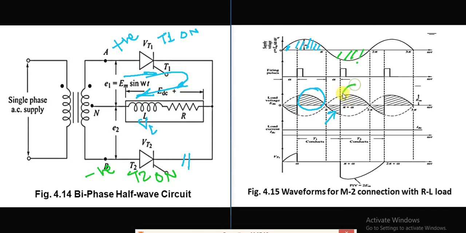So we are getting this output voltage across the load because of this negative half cycle. The direction of current flow is from T2, the same. During the positive half cycle, it is from right hand side to left hand side. During the negative half cycle, it is also right hand side to left hand side.